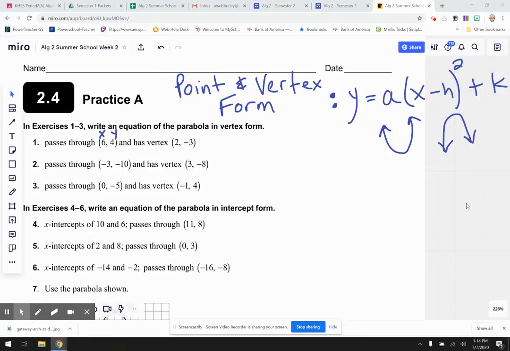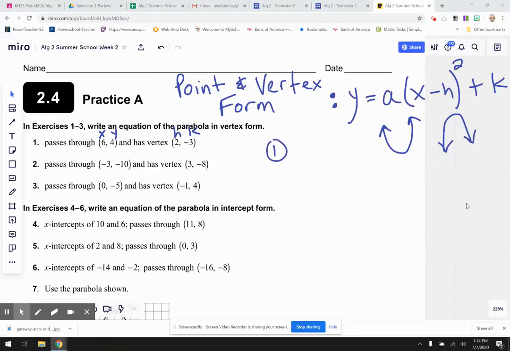The vertex for purposes of our equation is going to represent the h and the k. So you got x and y as your point, you got h and k as your vertex. Now basically all we're going to do is plug it in.